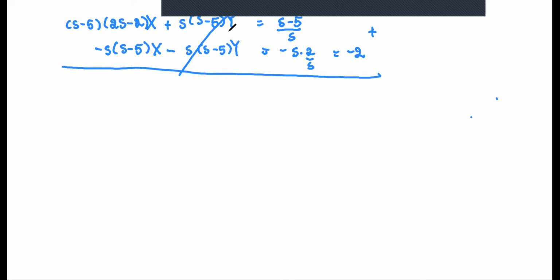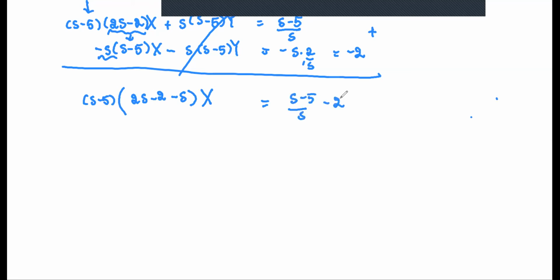That's a lot of pieces of algebra going on here. So we have the common factor s minus 5, and then we add this and this together. We have the 2s minus 2 and then minus s, times capital X, equals, on the right hand side, we add (s − 5) over s minus 2.